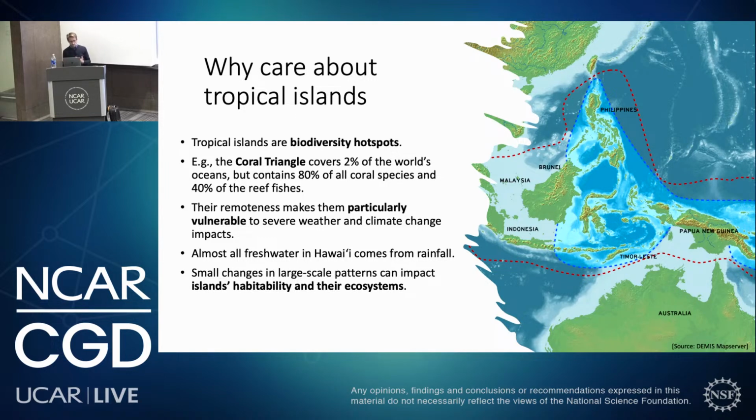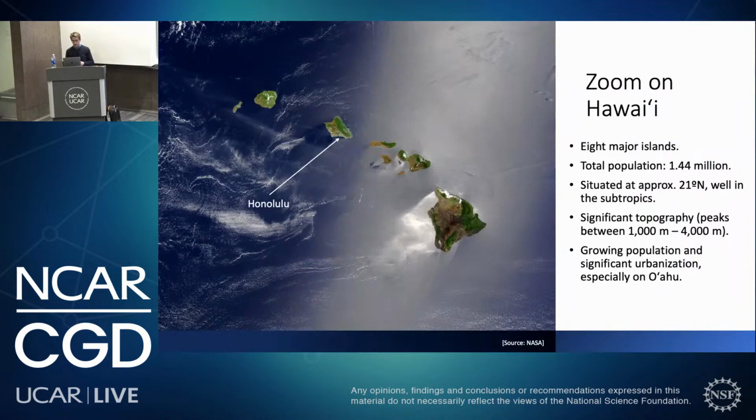And so in Hawaii, for example, since we mentioned water and water security earlier, almost all the fresh water in Hawaii comes from the rainfall. And so really understanding the weather patterns and the climate of tropical islands is really crucial for sustainability of the life and of the ecosystems of the islands.